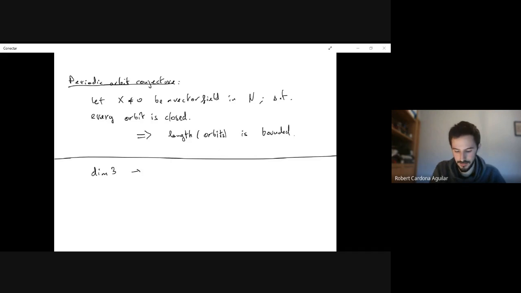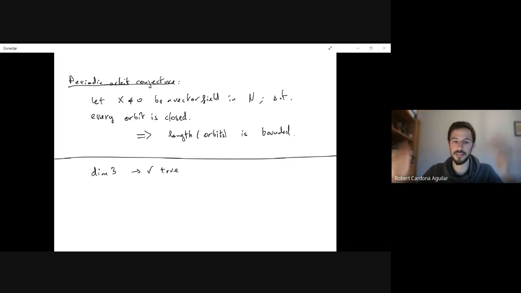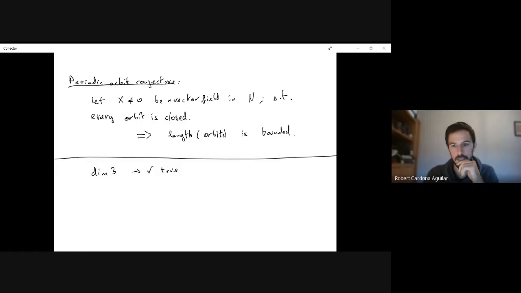Bounded from above, yes, because it's a positive thing. In this conjecture, N is compact. If it's not compact, it's very easy to construct an example.